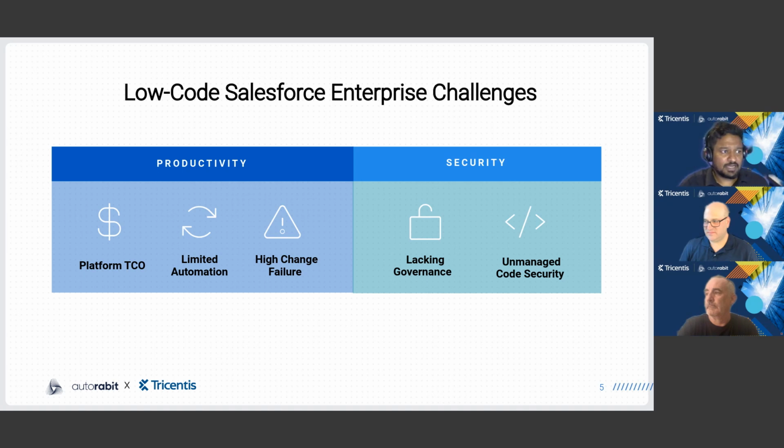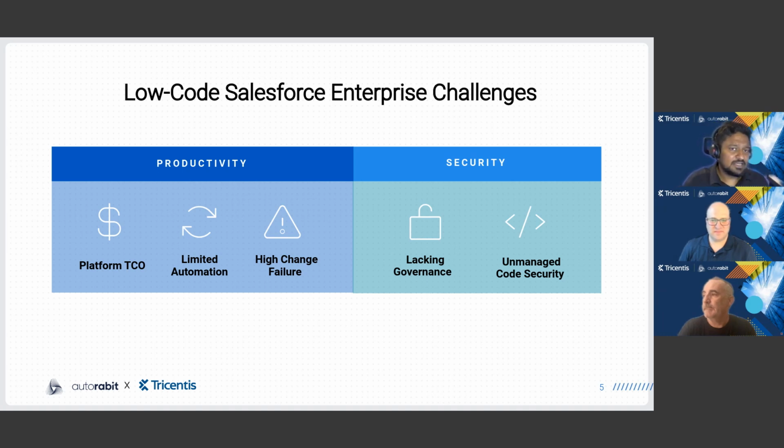Under productivity, there are a couple of challenges, like, for example, the platform piece here. While Salesforce low-code tools like Flow and Lightning App Builder promise efficiency, they often require unexpected investments, and those investments could be maintenance. Those investments could be debugging. Enterprises need to budget for Salesforce-specific training and specifications for admins and developers.